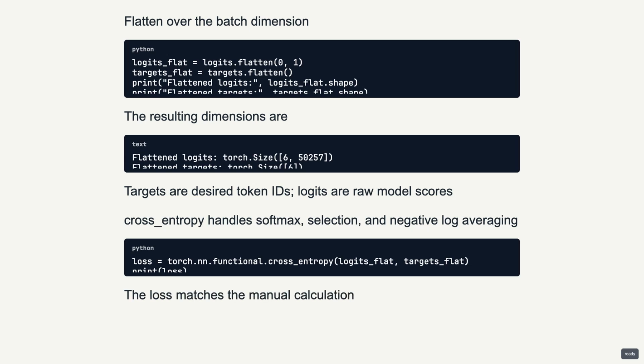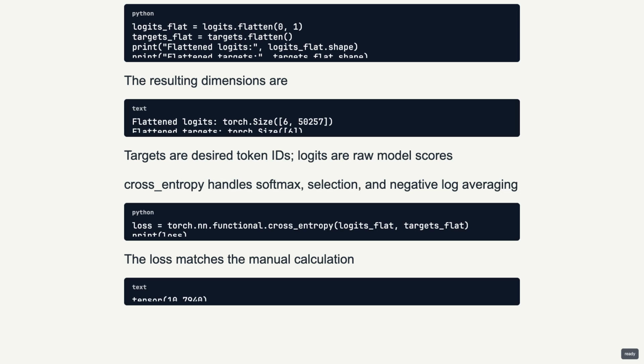The results should agree with the value computed step by step earlier. That match confirms the built-in function is doing the same work. The value matches the earlier hand calculation exactly. That tells us the built-in cross-entropy is a reliable shortcut for the same loss.